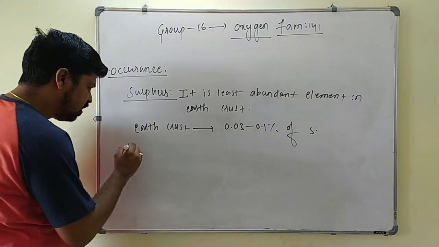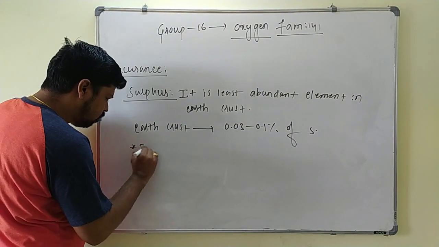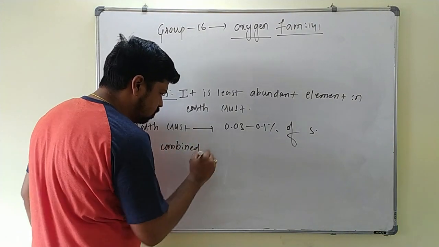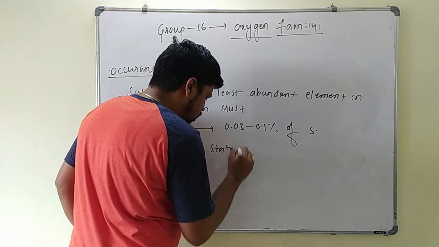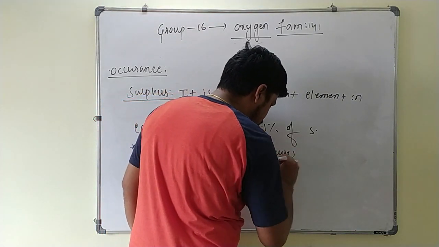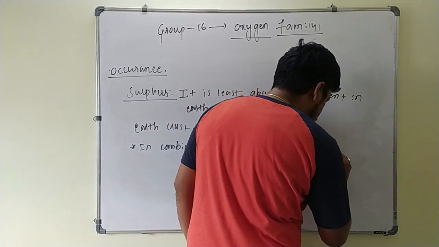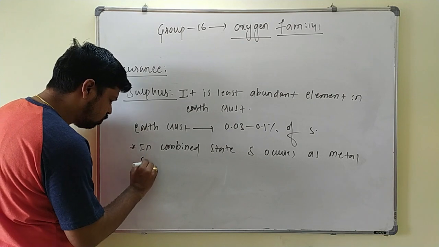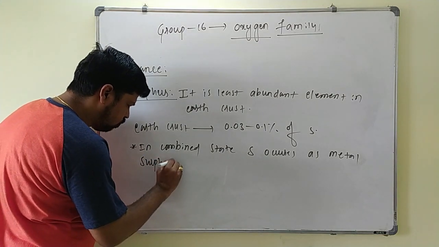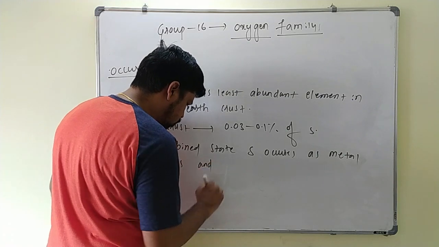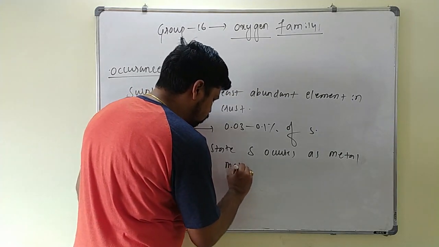In combined state, sulfur occurs as metal sulfates and metal sulphides.